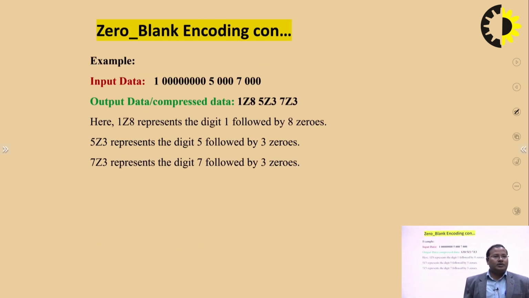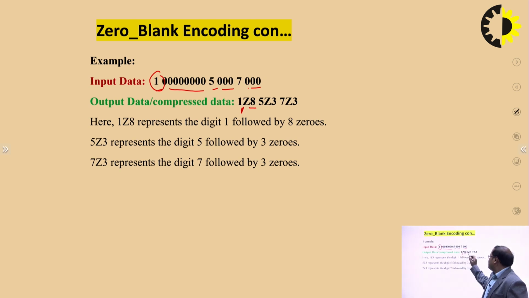I have given one example here. The input data is 1, then 0 written 8 times, 5, then 0 written 3 times, 7, then 0 written 3 times. So the output data, that is the compressed data, will start with 1, indicating the starting point. After that there are 8 zeros, so it is represented by Z8, where Z means 0.